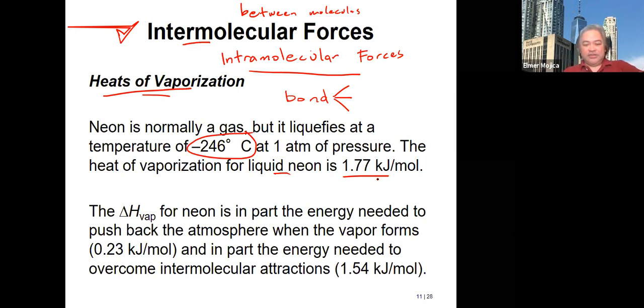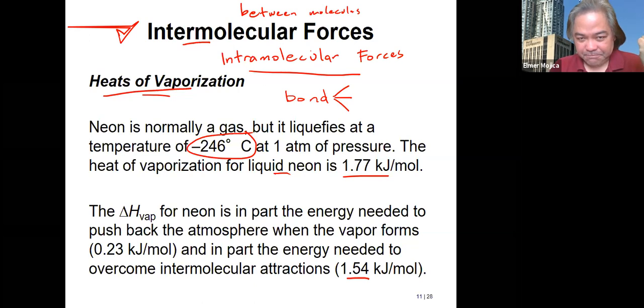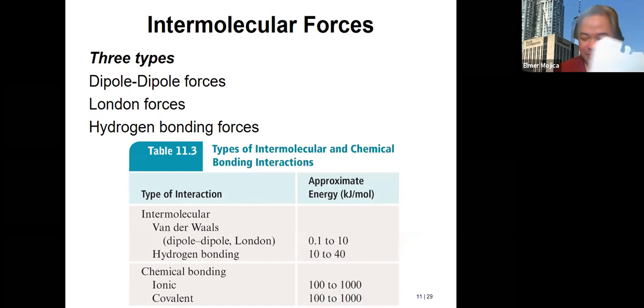Okay, so 0.23 of that is used to push back the atmosphere when the vapor forms, and 1.54 kilojoules of that is used to break the IMFA. Now, the question: which do you think is stronger? The intermolecular attraction or the intramolecular attraction?